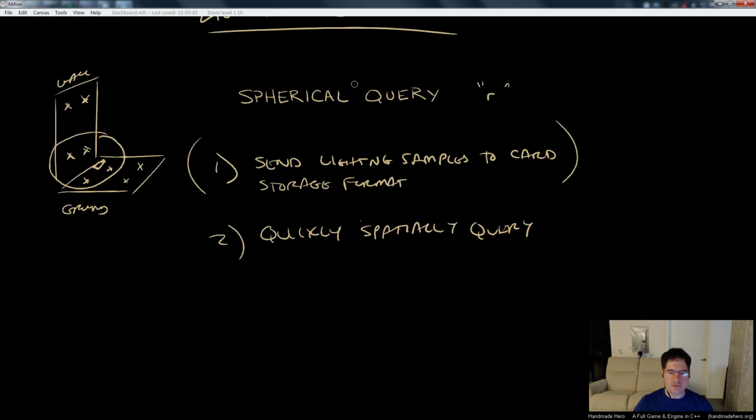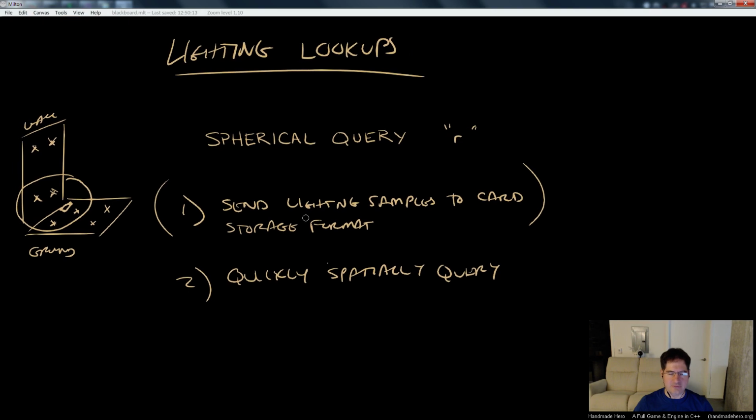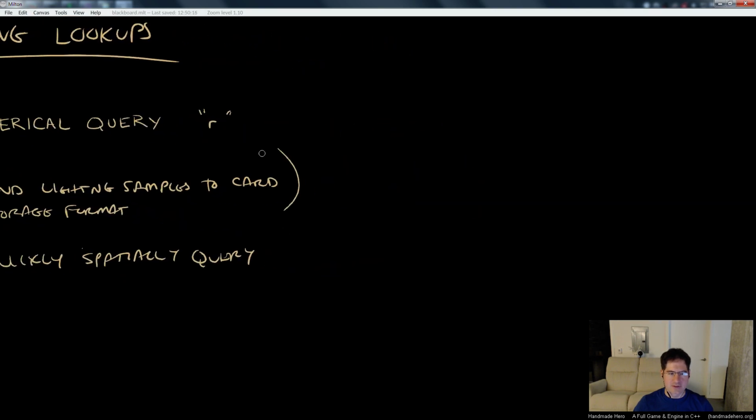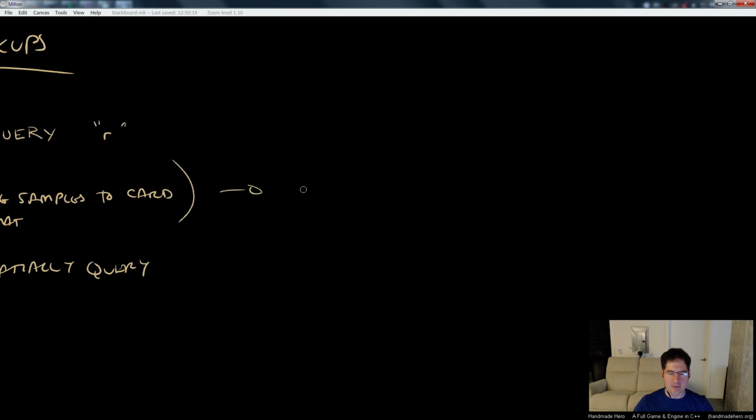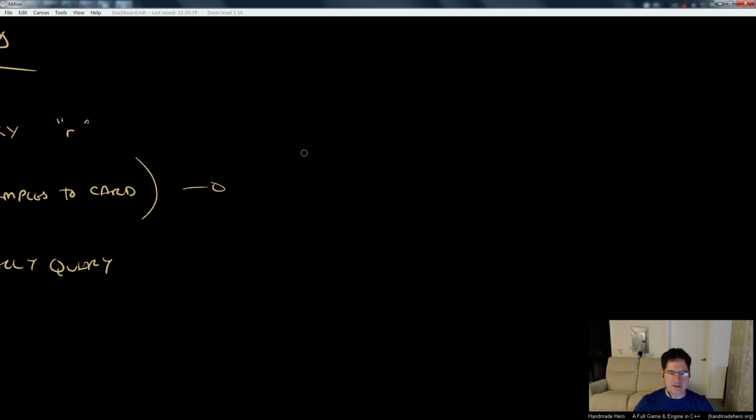And in order to do those two things, the first one's pretty straightforward, I think, right? If we think about how we would store these, well, we know that a lighting sample is like an X, Y, and a Z, right? And then, you know, a R, G, and a B intensity.